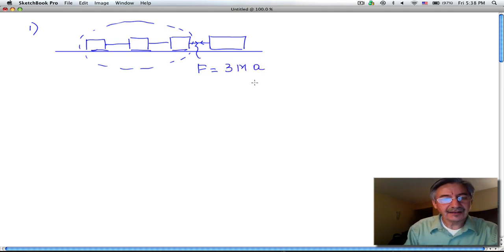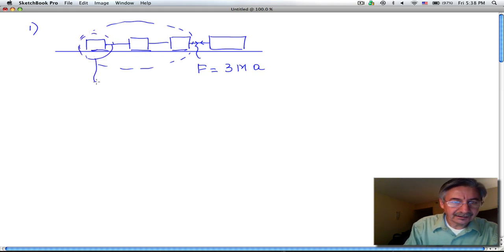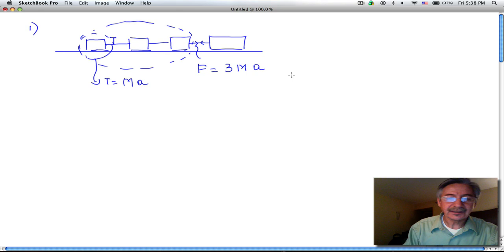So what you have, this force here, this tension here, is this mass times the acceleration. So from the information that you have, you just have to know exactly where they want you to calculate the coupling tension, and the information given is such that you can calculate the acceleration.